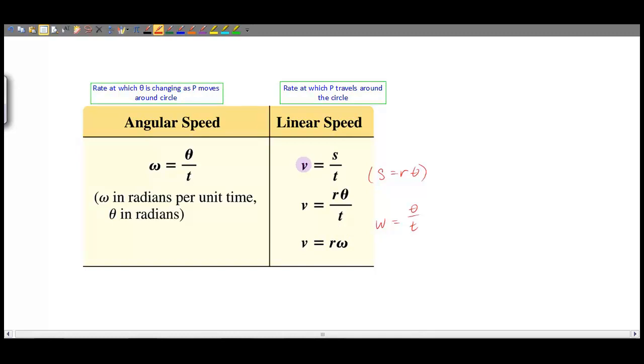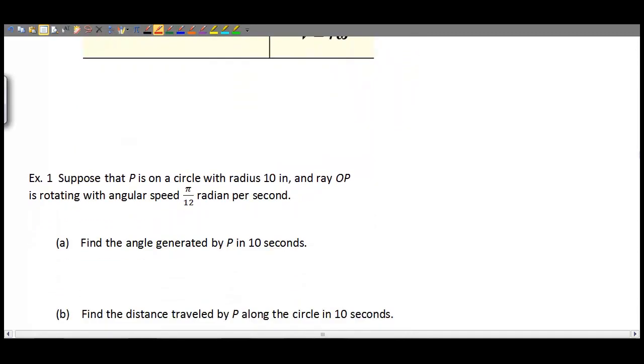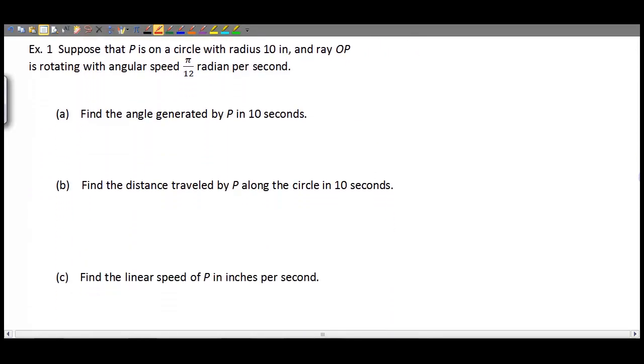If we know that velocity is distance over time, we can rewrite that knowing that S, our arc length, can be replaced with r theta. And since theta over t is actually W, we can write velocity in this way too. It just depends on what information you're given in the problem you're trying to solve for. So let's apply this with this example.